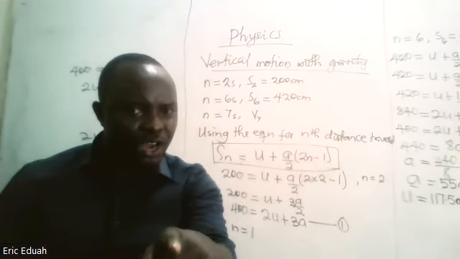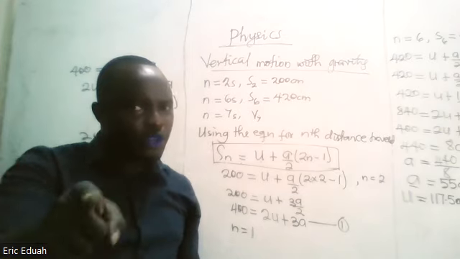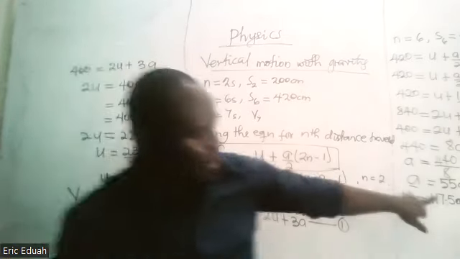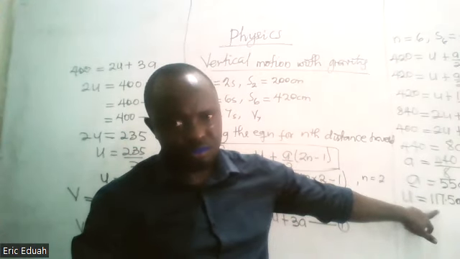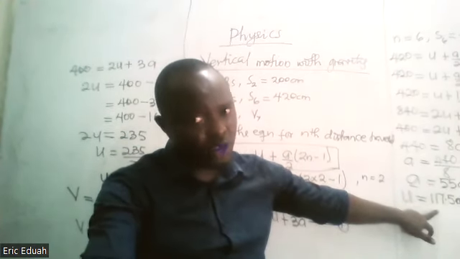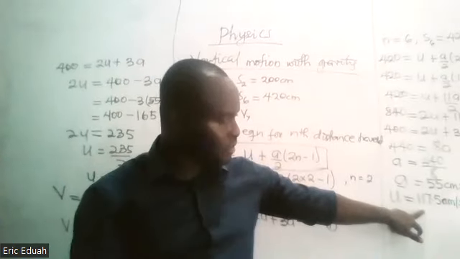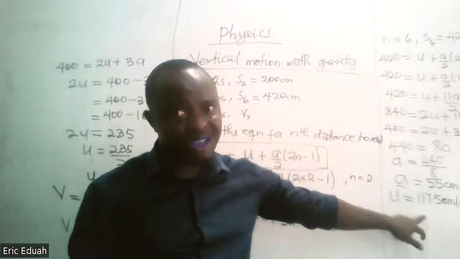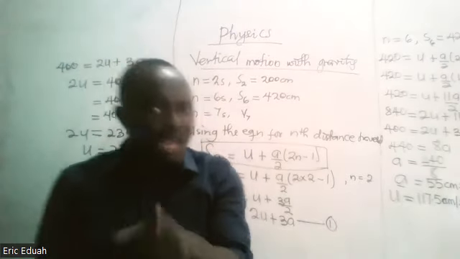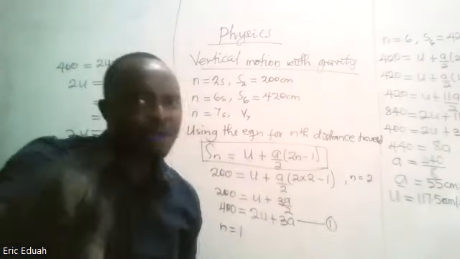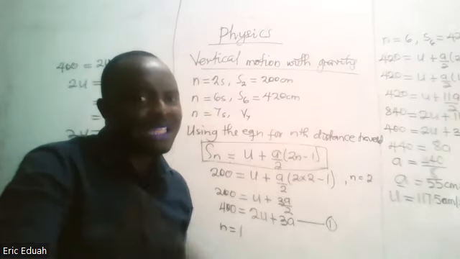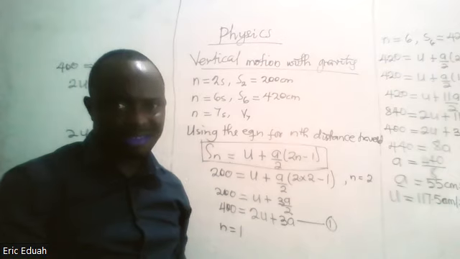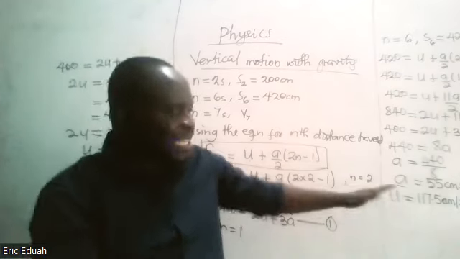Now, if you use the other equation, you also get an initial velocity close to this. Those of you who used it, what did you get for the initial velocity? I got 115. Good, 115, close to this. But in that case, the body must be decelerating.